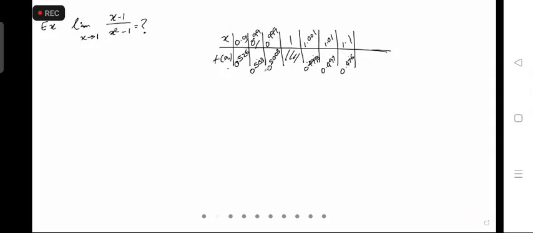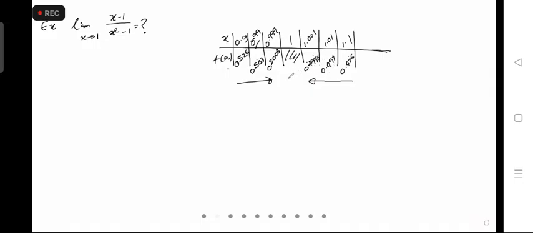Okay. Now you can see the trend. So in the left hand, the value becomes 0.526, 0.50, 0.5003. In the right hand, you can see 0.47, 0.49, 0.4999, like that.